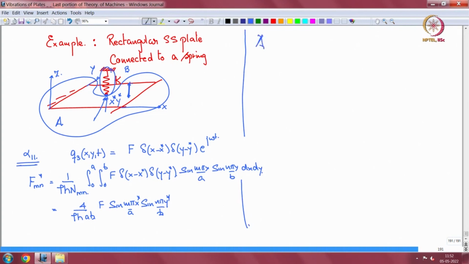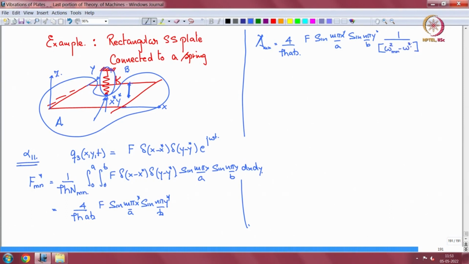Gamma tilde mn is 4 by rho h a b F sin m pi x star by A sin n pi y star by B, into the frequency term, where we do not include damping now: omega square mn minus omega square.